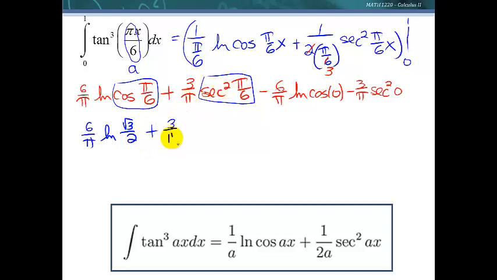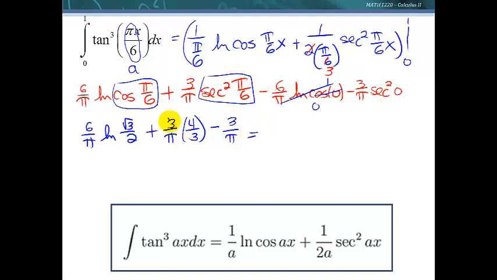And we also have the 3 over pi on the front, so flipped over and squared, that's going to be 4 over 3. And then minus cosine of 0 is 1, the natural log of 1 is 0, so that piece is gone. Here we have secant, secant's 1 over cosine, the cosine of 0 is 1, so this is going to be 1, square it, still 1, so we have 3 over pi.